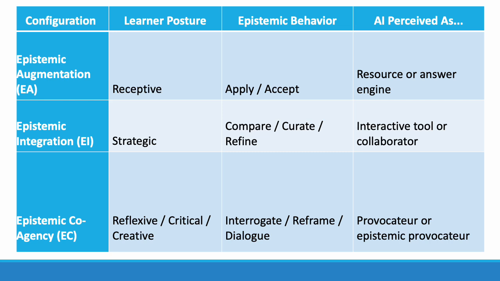You're comparing a little bit more. So it's an interactive tool or a collaborator. But when we come to epistemic co-agency, right, you're talking of a reflexive user of that interaction. You're critical, you're creative. You interrogate, you reframe, you dialogue with the tool itself.